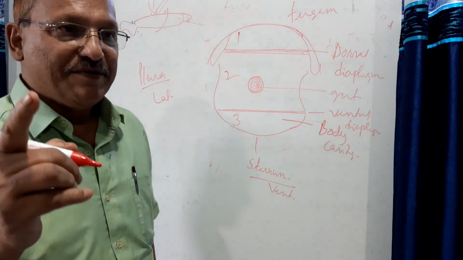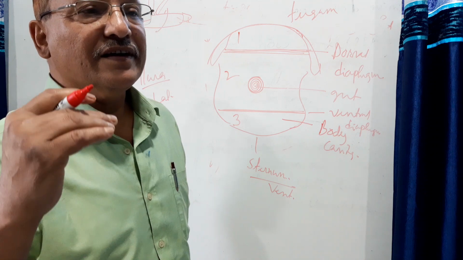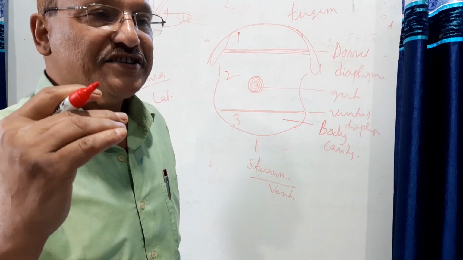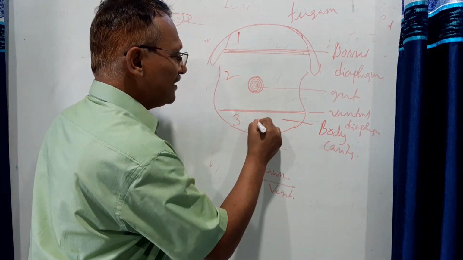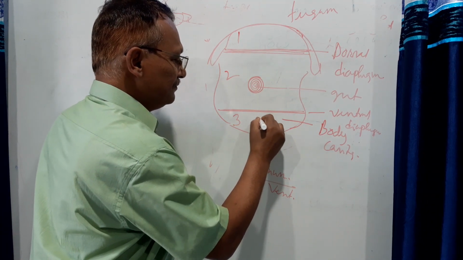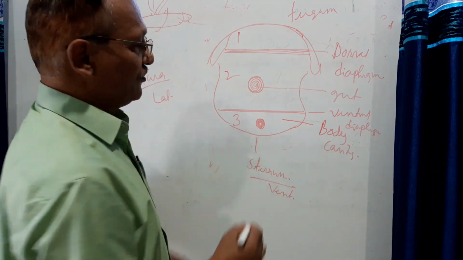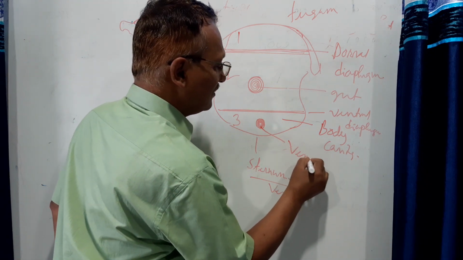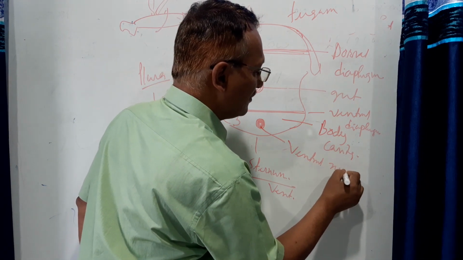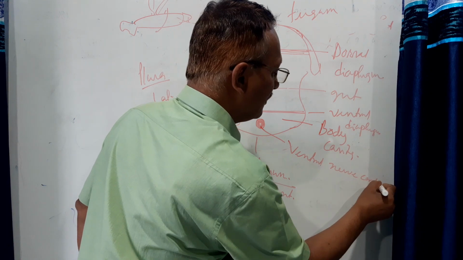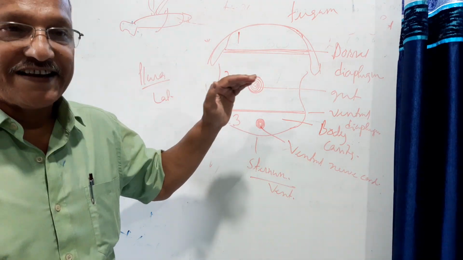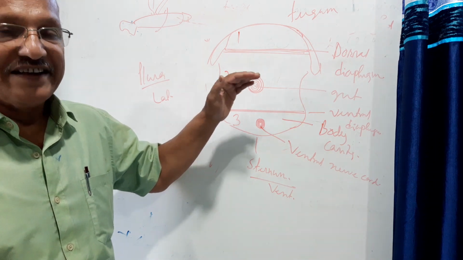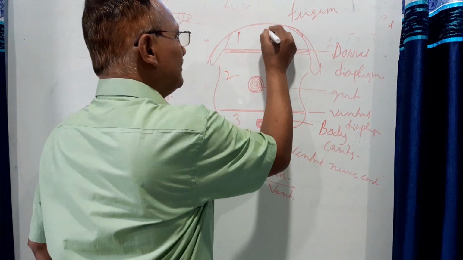Generally, the nervous system is situated in the ventral region of the body in insects. This is the ventral nerve cord. Dorsally, the dorsal vessel is situated.